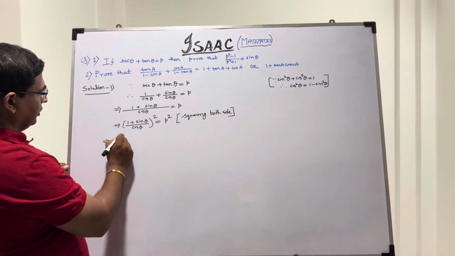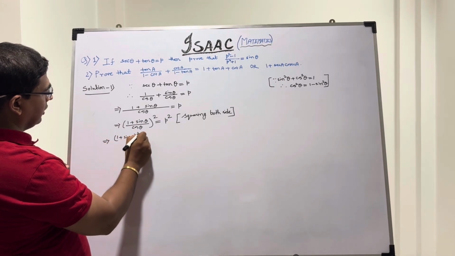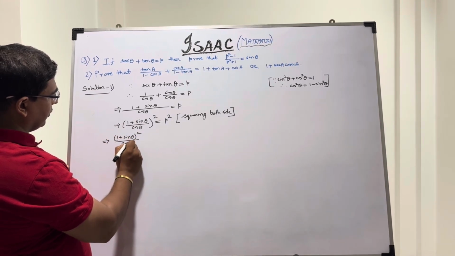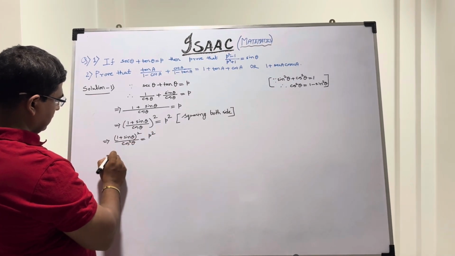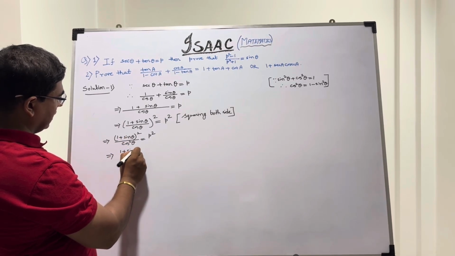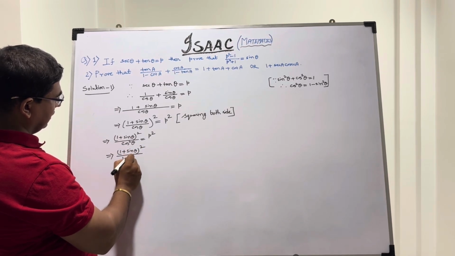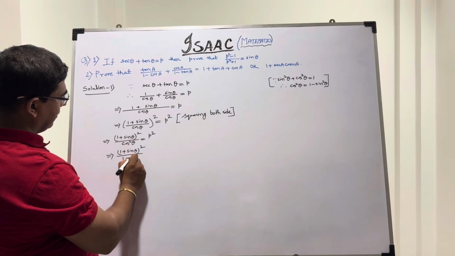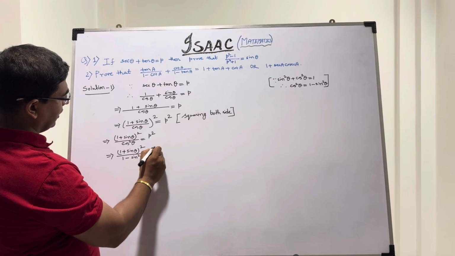So from this we can write (1 plus sin theta) whole square divided by cos square theta equals p square. By the relation cos square theta equals 1 minus sin square theta, we get (1 plus sin theta) whole square divided by (1 minus sin square theta) equals p square.